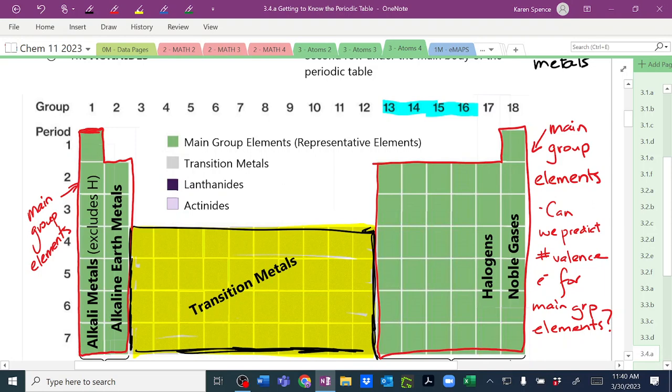Hold up the number of fingers that shows us how many elements in period 3. Yes, because we have 1, 2, 3, 4, 5, 6 on the right-hand side, plus 1, 2 on the left-hand side gives us a total of 8. How many in period 2? Tell your partner, how many in period 2?